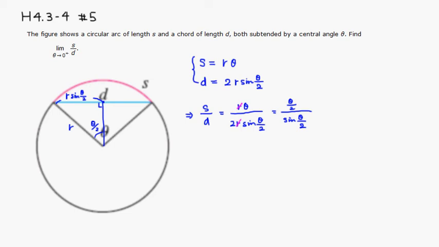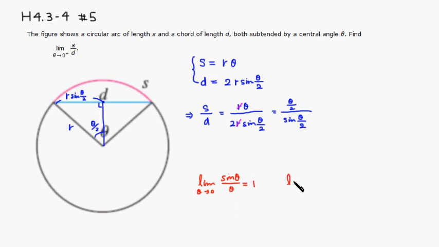Remember that the limit of sine theta over theta as theta approaches 0 is equal to 1, and you can take the reciprocal.